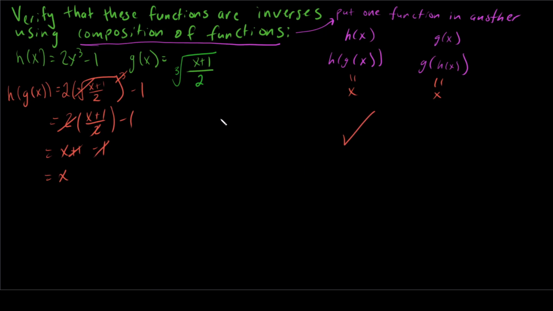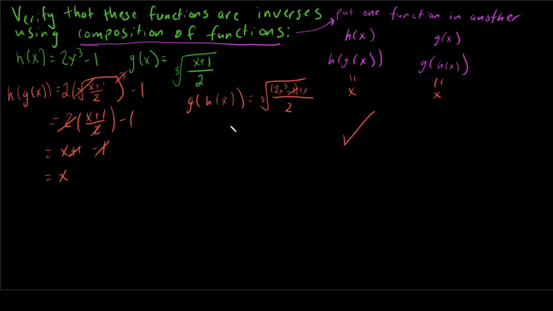All right. So let's check the other one. So g of h of x. That's going to be equal to the cube root of, well, here's x. So instead of writing x, we're going to write what h of x is. So this is 2x cubed minus 1. Now we're back to g of x, x plus 1 over 2. So instead of writing x, I just wrote h of x. So now I'm going to do some simplification.